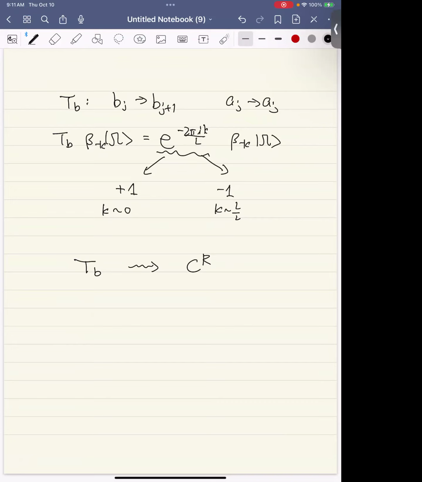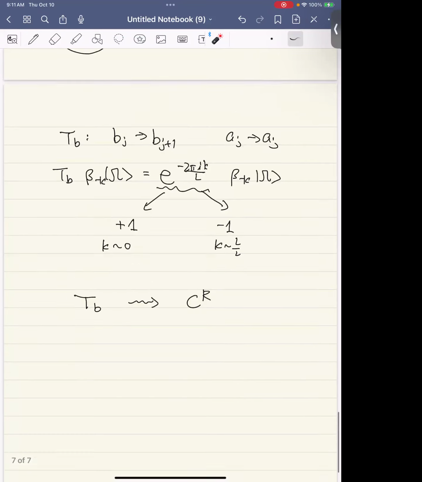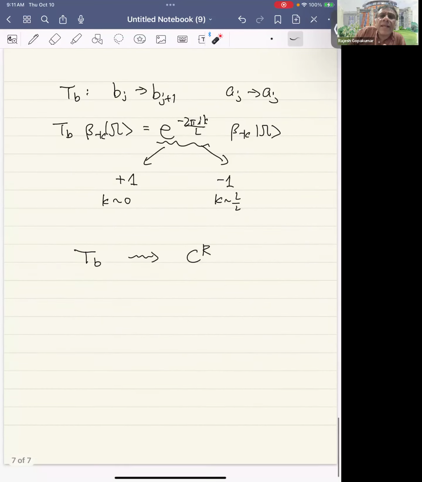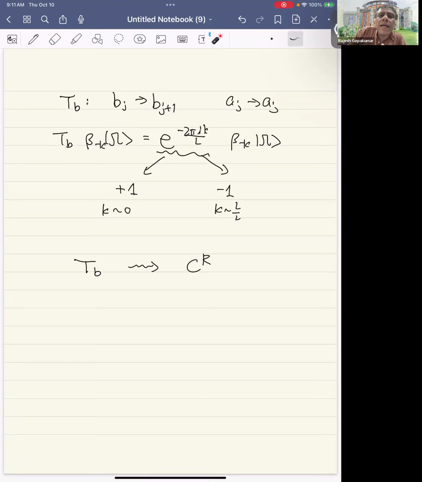Hi, I had a question. So isn't C an anti-unitary operator in the continuum theory? Which operator, TB? C. No, it's unitary. It's unitarily realized. It took psi to psi dagger, but it takes i to i.